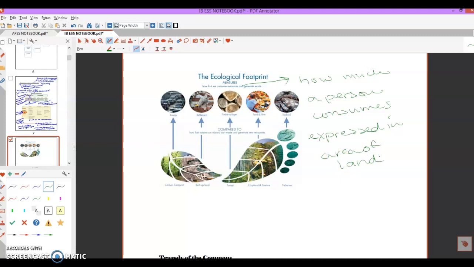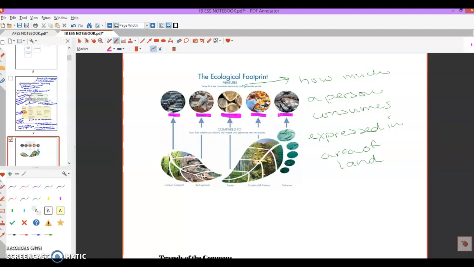All right? So what are the things that are going to directly impact your ecological footprint? This is going to be how much energy you use, where you live, how much wood products you use, toilet paper, paper towels, how much food you eat, the type of clothing you wear, and seafood. And I know some of you are thinking, well, I don't like seafood.